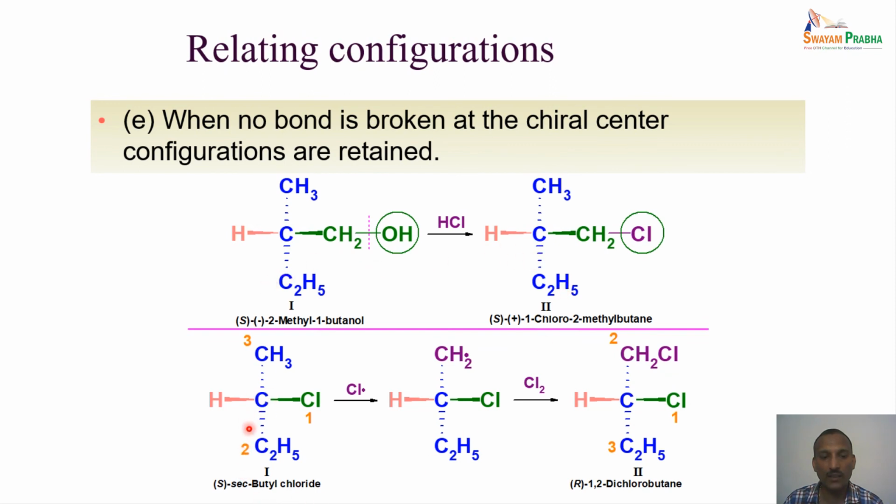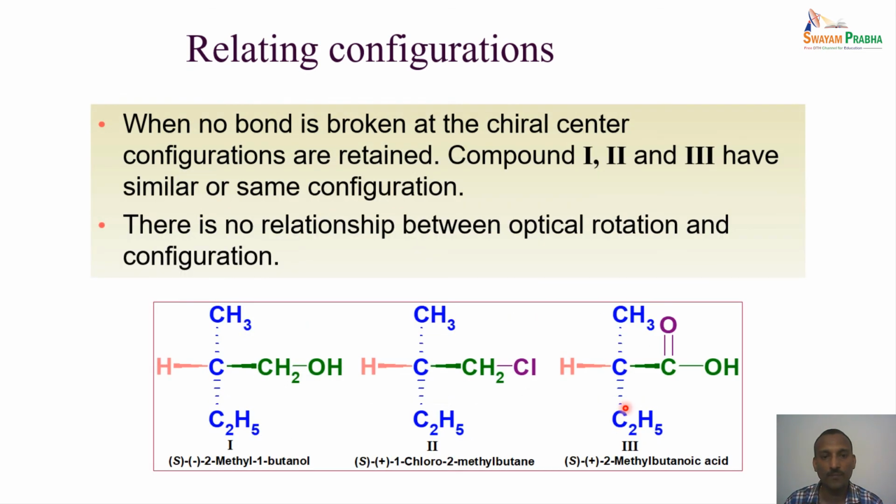Then in the other case, the secondary butyl S is converted to R. Here again, no bond is broken at the chiral center. Here again there is another example, where we are recapping what we have seen so far. The hydroxyl is converted to either chloride or carboxylic acid. In all the cases, the S isomer retains the same configuration, S and S.